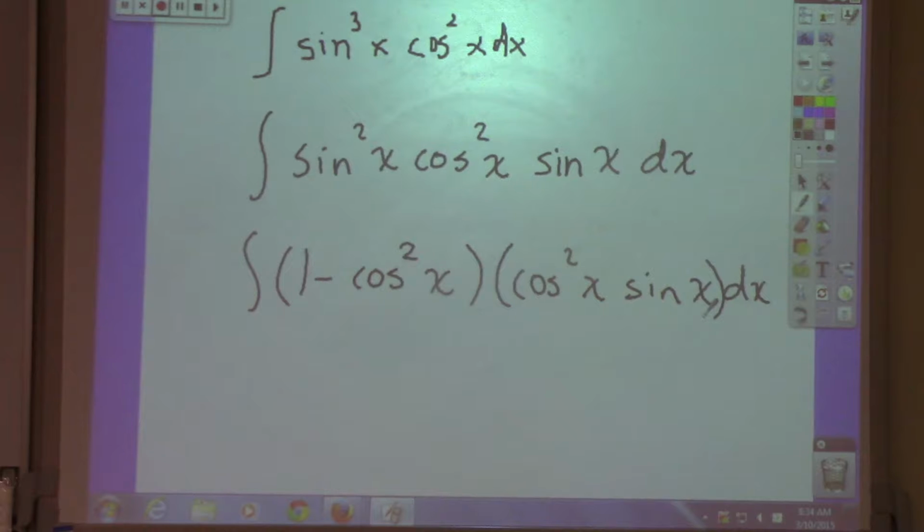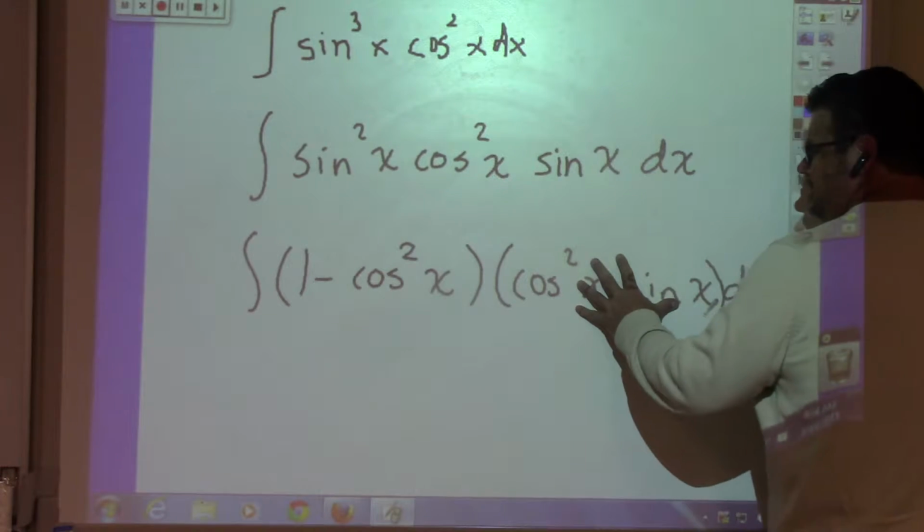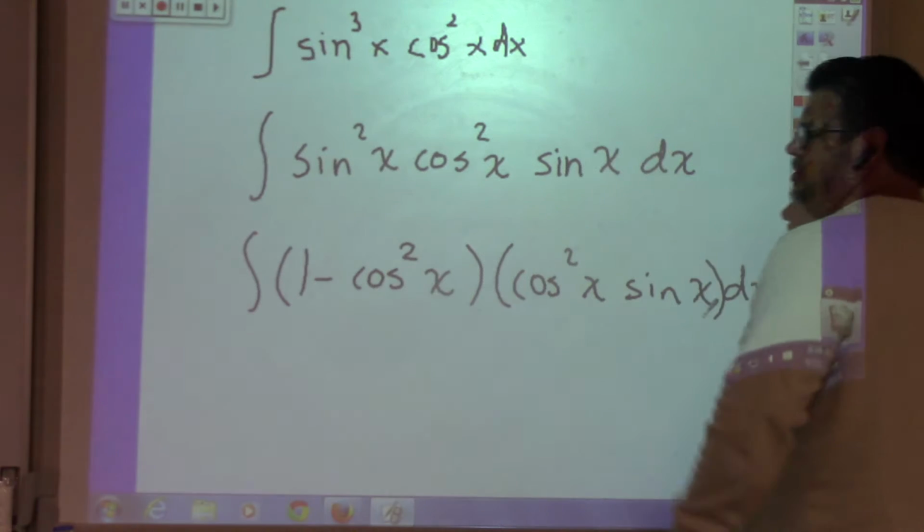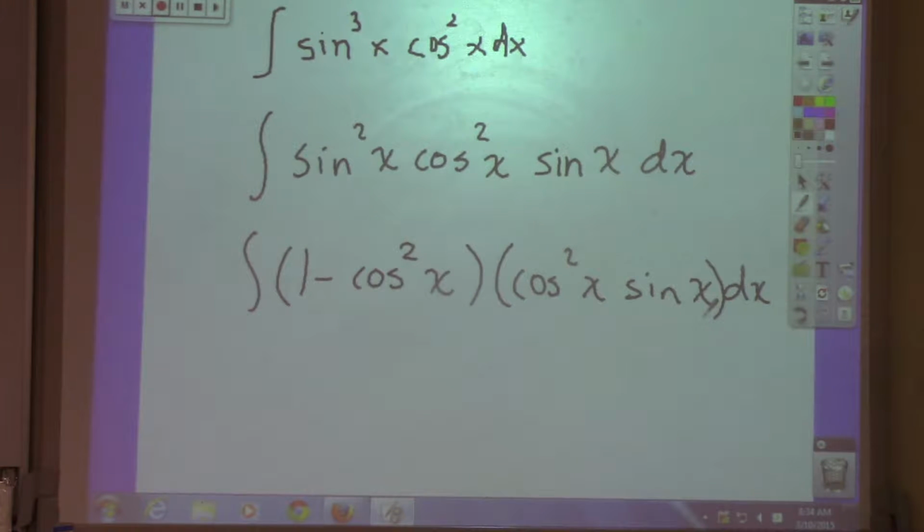Because it's u du. And if you could make this go across this, then you would have u du minus u du, some kind of form of u du. And that's what you want in a lot of these problems. You want to find some kind of u du pattern to it.